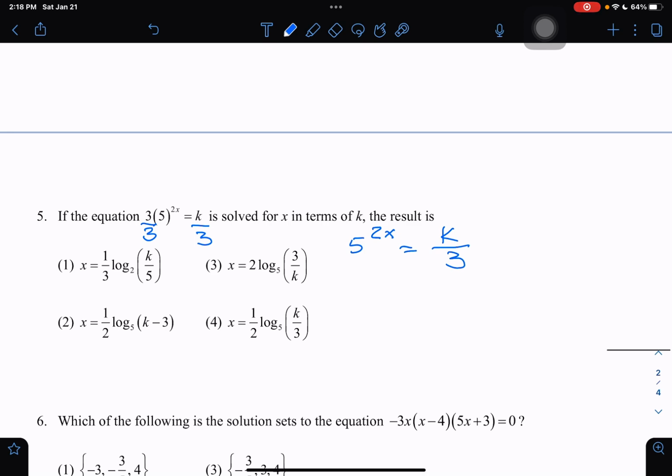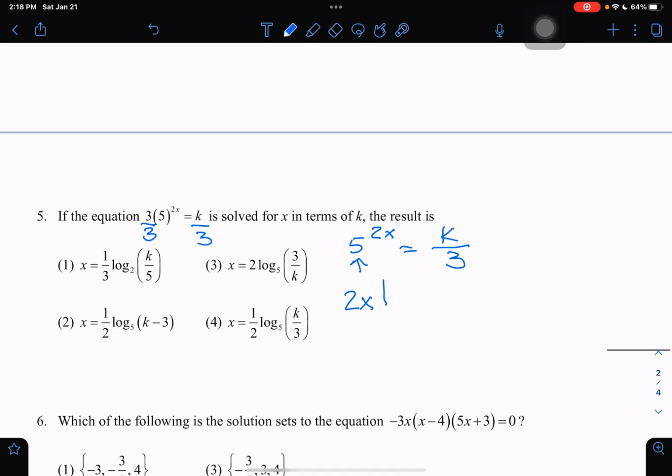Now, it's interesting to use this base because if we have log base 5 of 5, that's going to become 1. And we can put the exponent in front of the logs, right? Because an exponent raised to an exponent means to multiply.